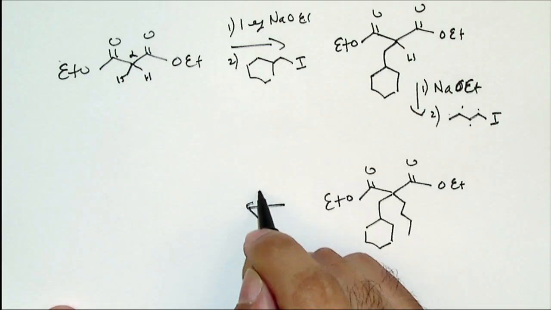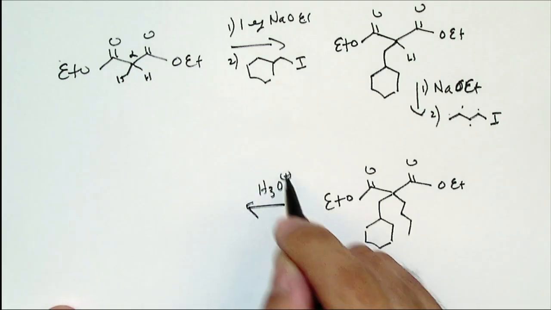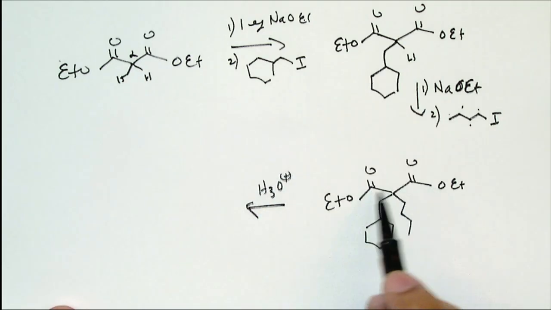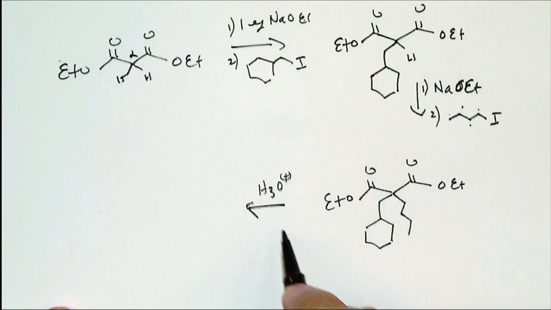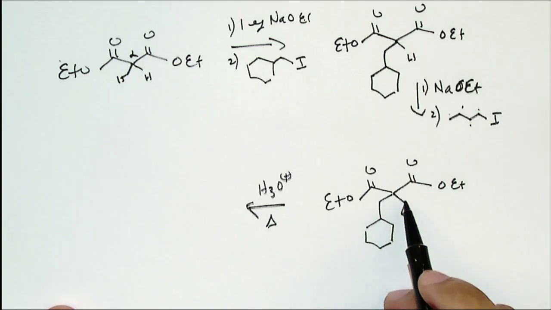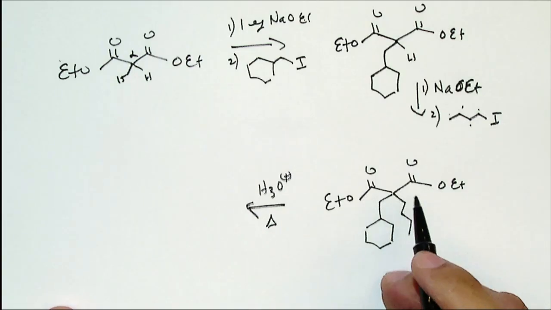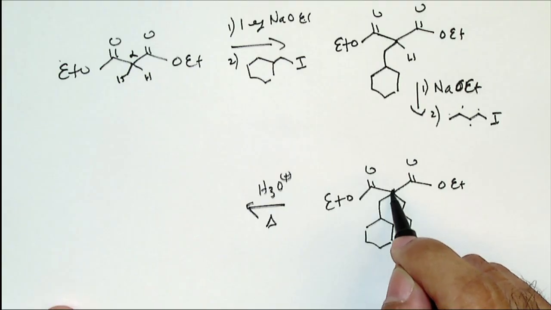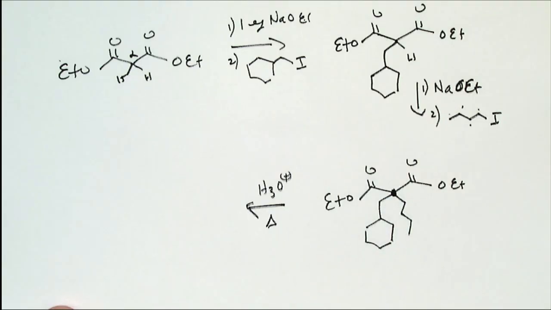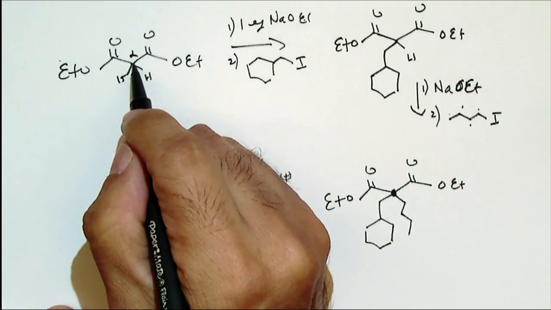But if I add the acid, that's going to convert the two esters to carboxylic acids. And then I heat. The heat is going to, of course, make this decarboxylate. So again, to keep tabs, I will highlight the original carbon, which is your alpha carbon.